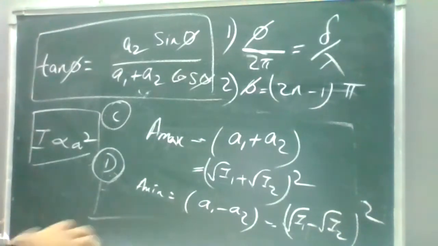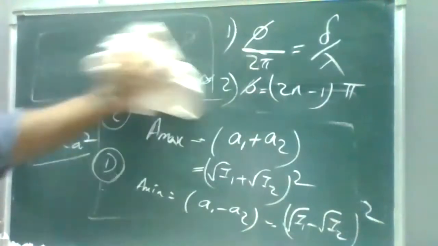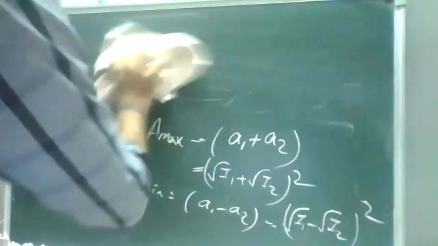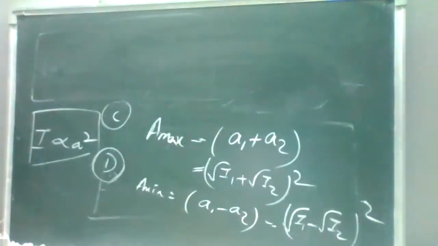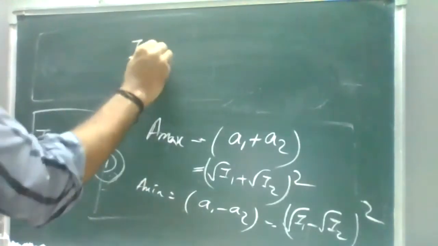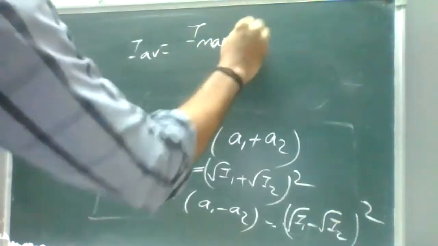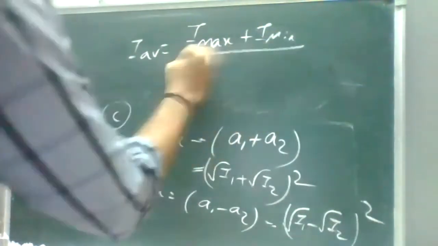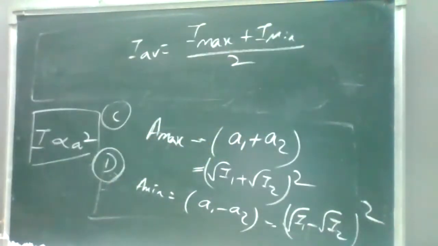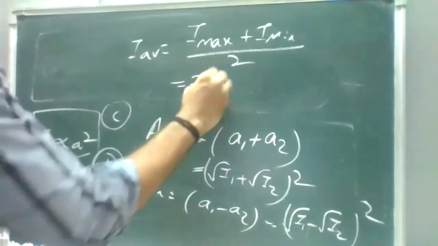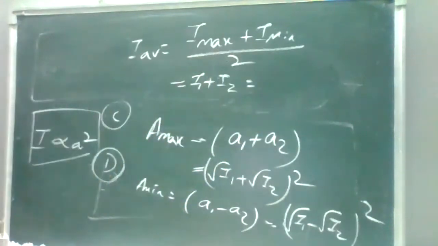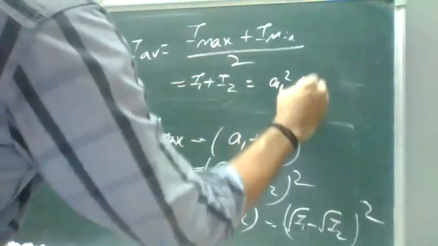And when we are discussing the average intensity, I average is equal to I max plus I minimum by 2, which is equal to I1 plus I2, which is A1 square plus A2 square.